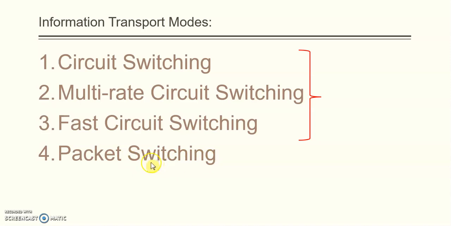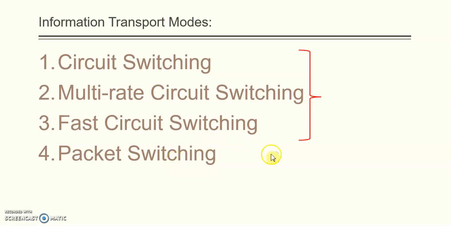Obviously, if you want a transport mechanism which is efficient for carrying bursty sources, as well as capable of transporting real-time services, which require certain quality of service guarantees, then you require a new transport mechanism which has the advantages of both circuit switching as well as packet switching.